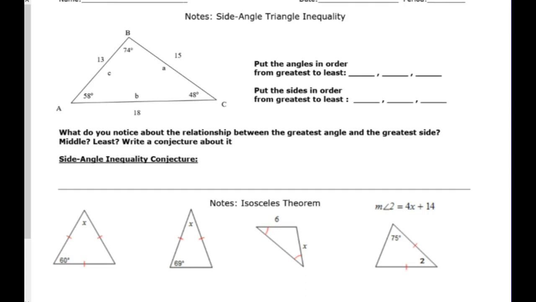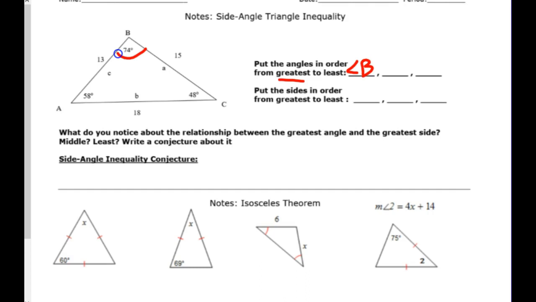So this tells us to put the angles in order from the greatest to the least. Let's look at our angles. We got 74. We got 58. So 74 is my greatest angle. We're going to put the angle name, angle B. We're not putting the measurement.